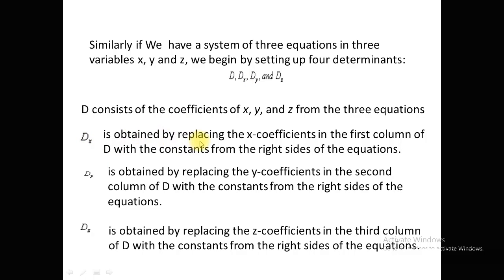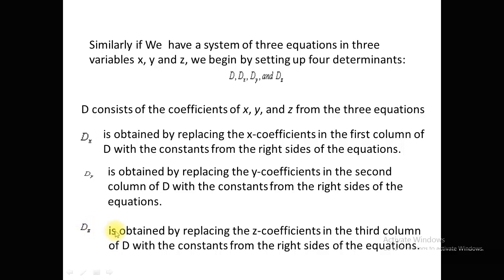Dx is obtained by replacing the coefficients in the first column of the coefficient matrix D with the constants from the right sides of the equations. Then obtain Dy for the value of y. Dy is obtained by replacing the y coefficients in the second column of D with the constants from the right sides of the equations.